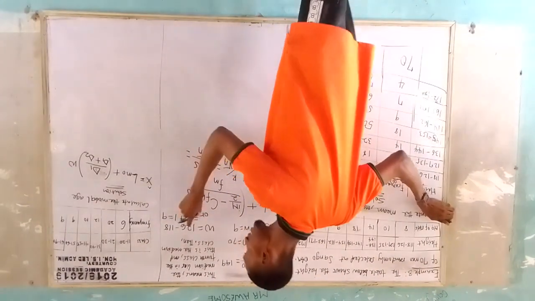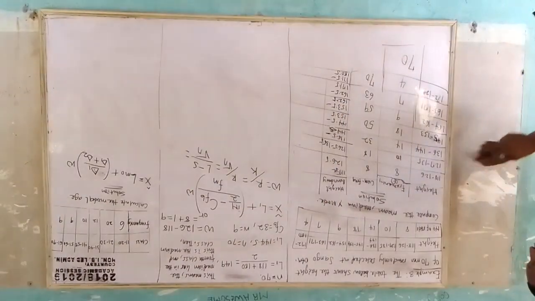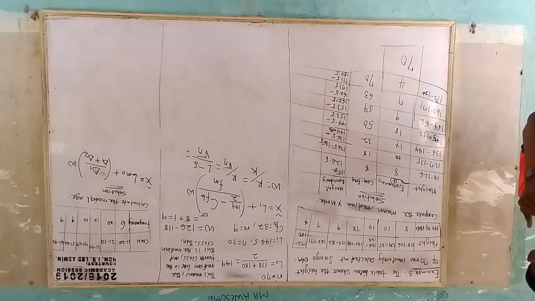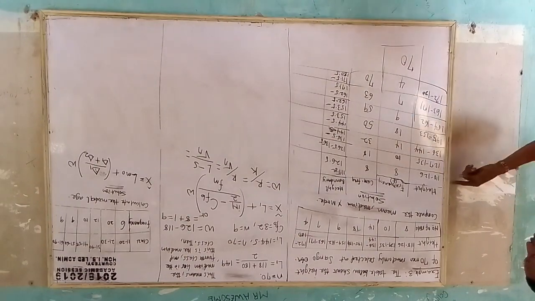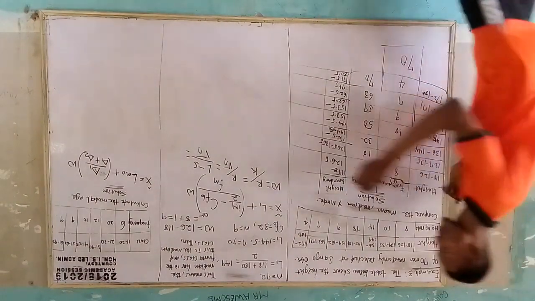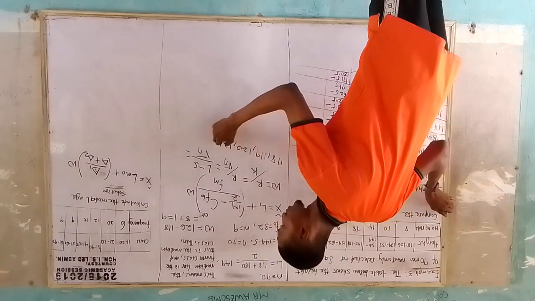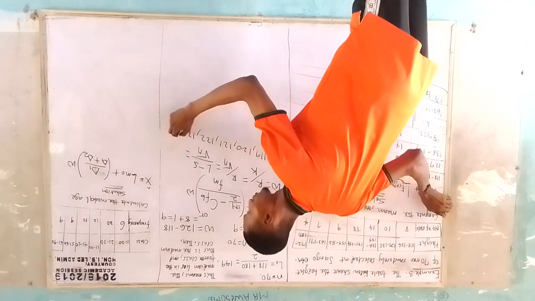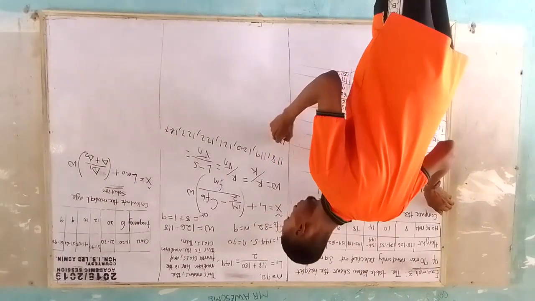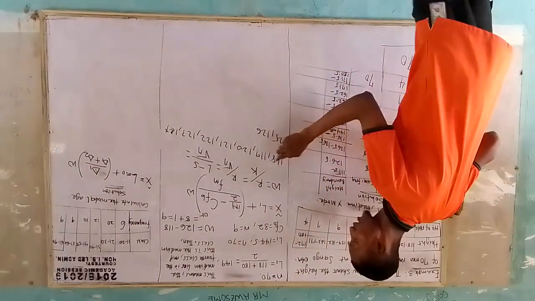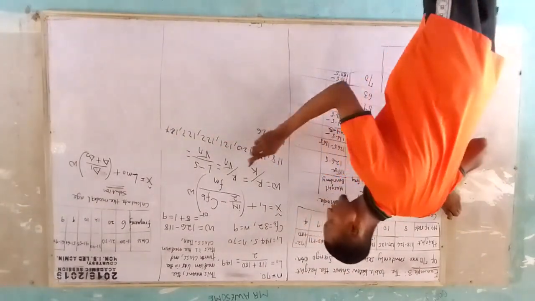This 8 plus 1 comes from counting 118, 119, 120, and so on: 1, 2, 3, 4, 5, 6, 7, 8, 9.